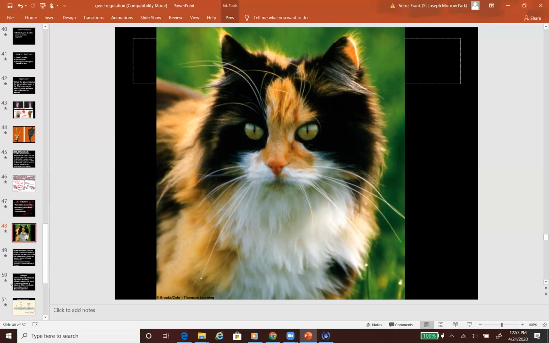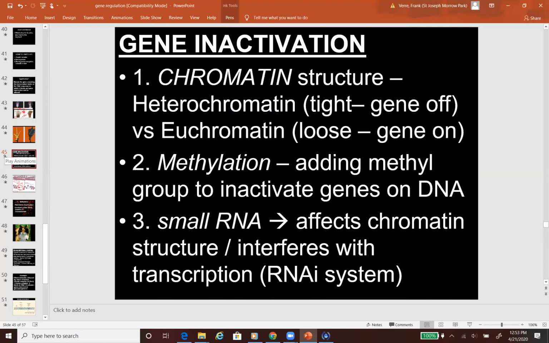So if a female cat randomly shuts off the orange gene on one of her X chromosomes, then part of that cat will be black. Of course, if the female randomly shuts off the black version of coat color on one of the X chromosomes, then the cat will be orange in that part of the cat. Okay, so that's actually another interesting way genes are regulated, through the addition of methyl groups, which actually switch off genes.